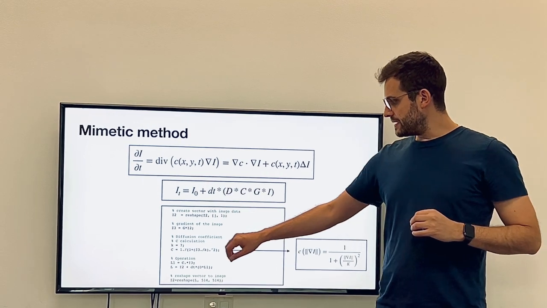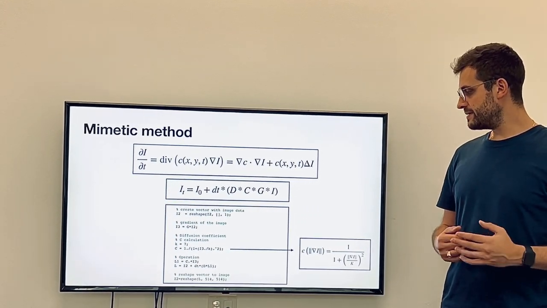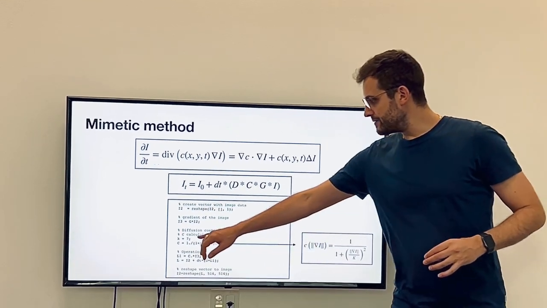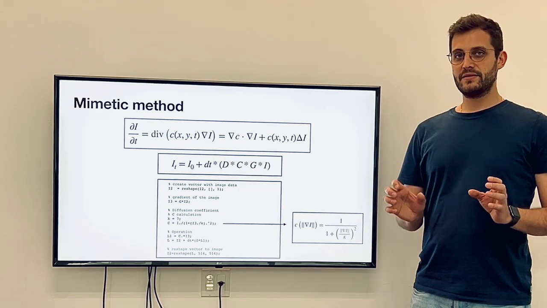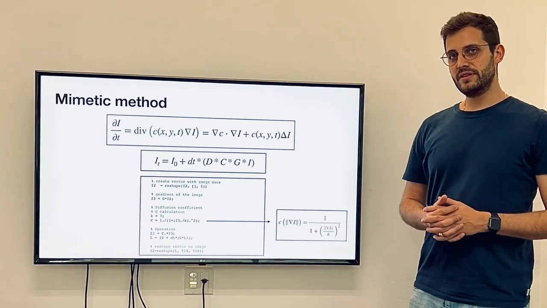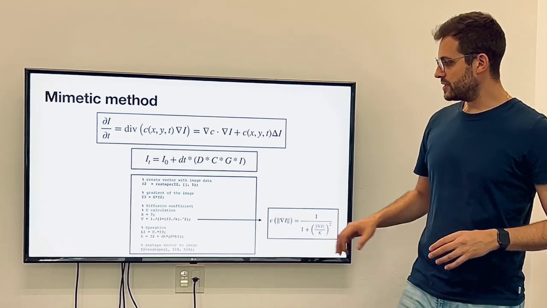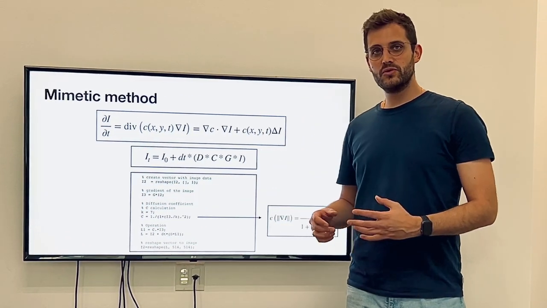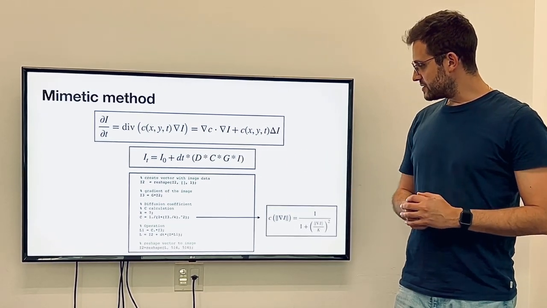And then here is the diffusion coefficient with k equals 7, and then at the end we add it to the actual image, and then we reshape it back to a 2D image. And that is actually the whole calculation. So this part is actually in a for loop, so for each iteration we did this whole calculation.